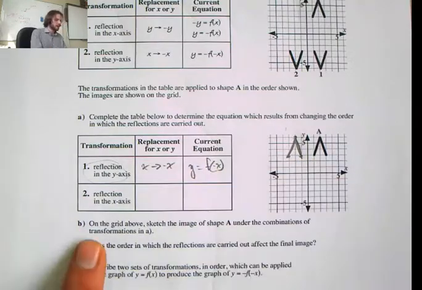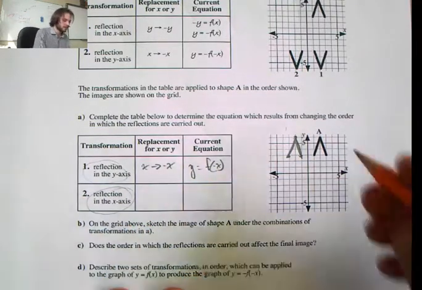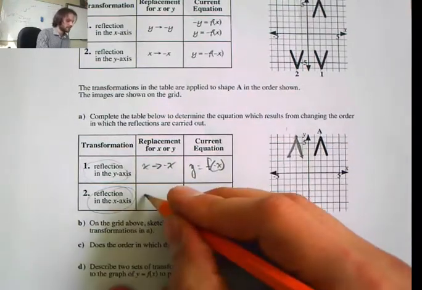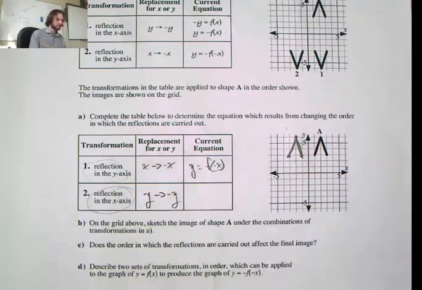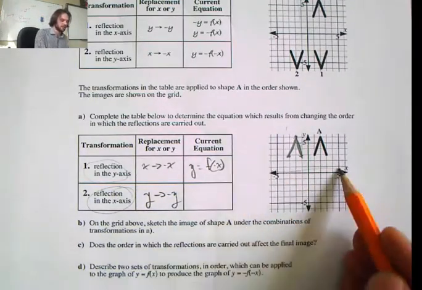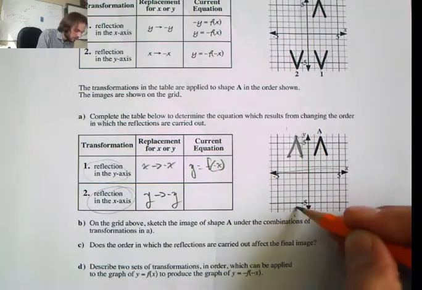And then it says a reflection in the x-axis. Okay? So then we want a reflection in the x-axis. So I'm going to have my y is replaced with negative y. Because that means for reflecting on this here, all these turn to negatives. So my graph is going to look now like this.